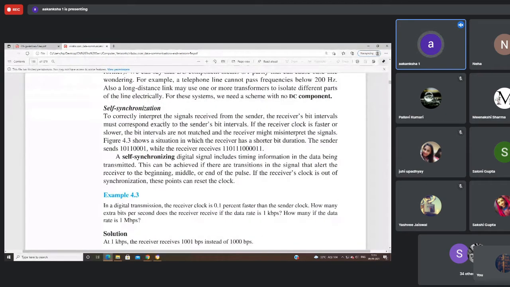self-synchronization. Either your digital coding scheme should have self-synchronization, or otherwise it will lack synchronization. What do you mean by synchronization? A basic analogy from real life: suppose I am delivering my lecture at a normal speed or a brisk speed, that is fine with every student.